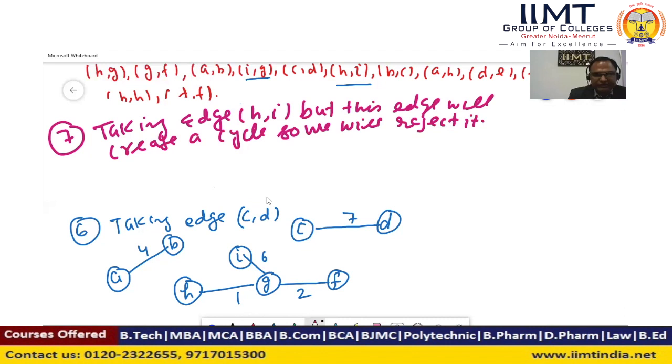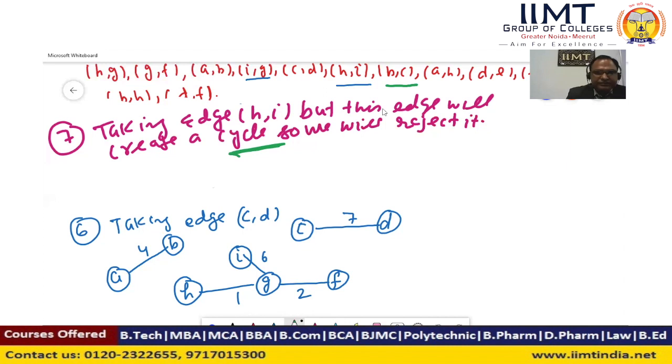Why do we reject it? Because if we select it, it will create a cycle. And as we know from the definition, a minimum cost spanning tree, or any spanning tree, never contains a cycle.